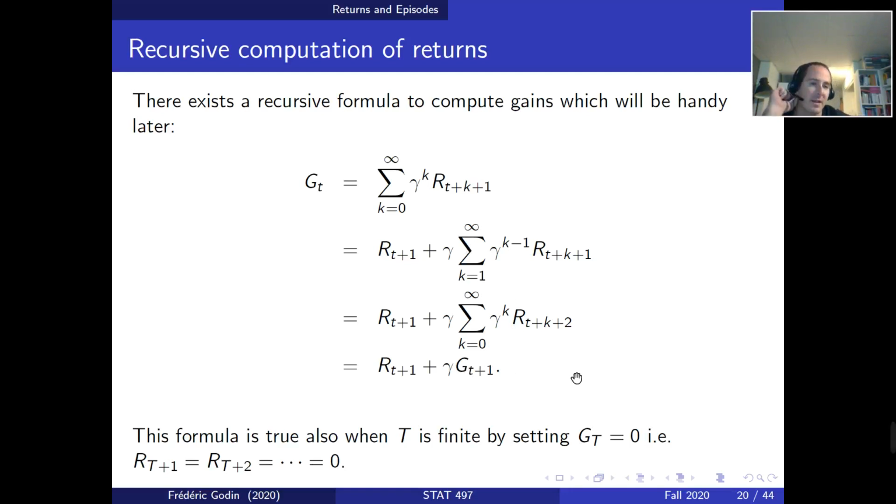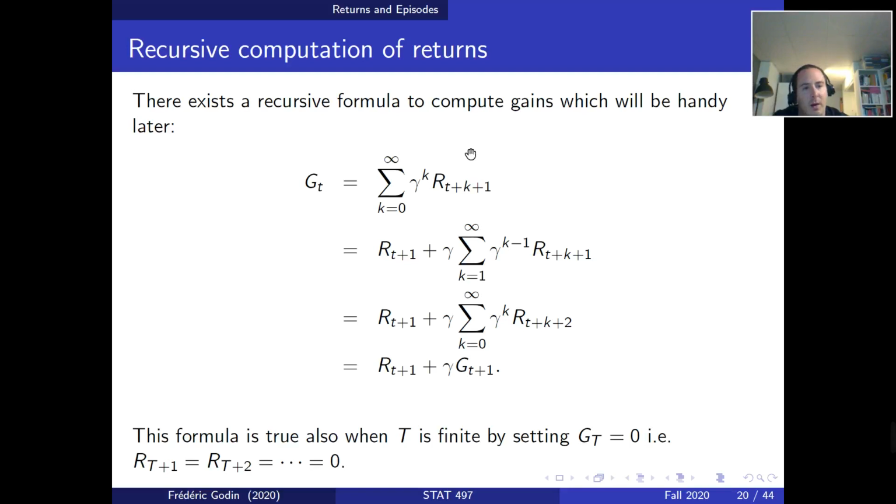So this gives a recursive way to express returns at time t. The return at time t is R_{t+1}, so the next period reward, plus the discount factor for a single period times the next period return.